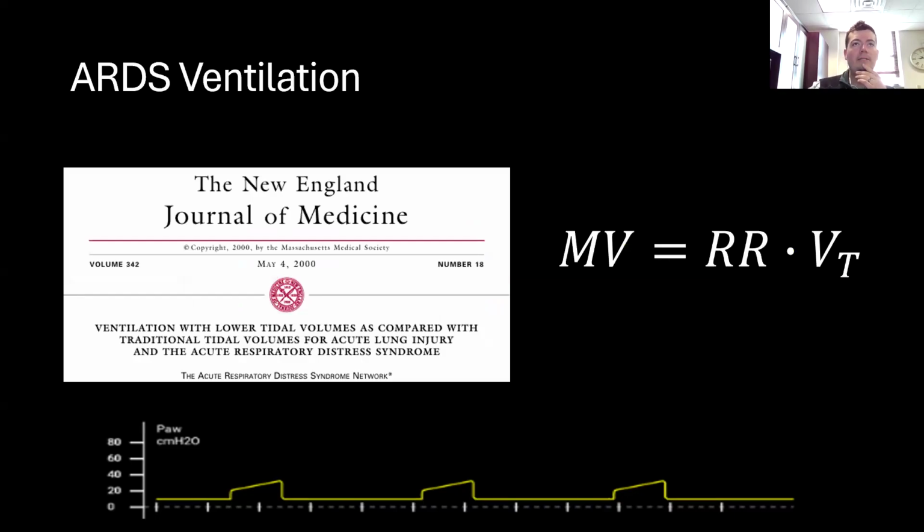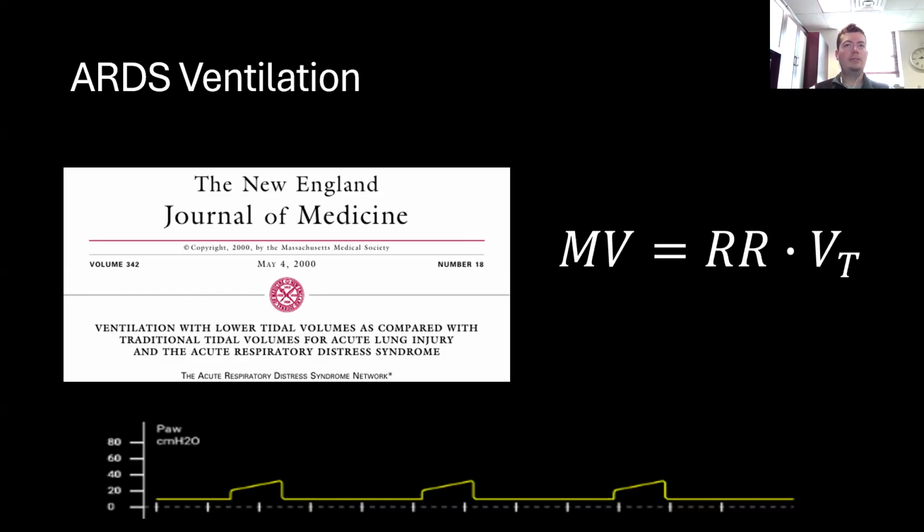So now we'll talk about ventilation for an ARDS patient. So this is what we think of as lung protection for these patients. And like we said earlier, we're aiming for lower tidal volumes here. You have less workable lung volume in these patients in their injured state than they do in their healthy state.